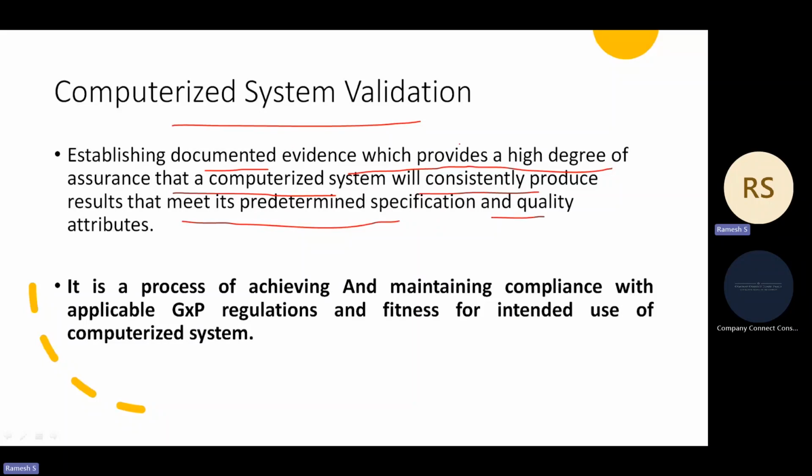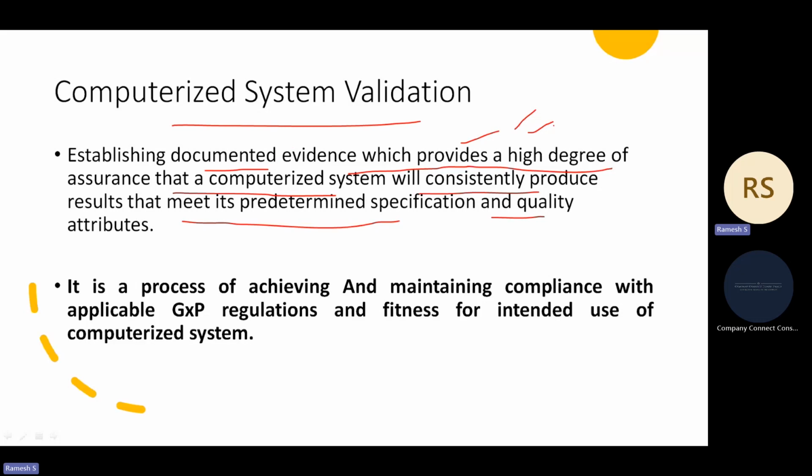So here we are saying my computerized system, application or software, will consistently produce results that meet its predetermined specification. These predetermined specifications are nothing but our expectations, what is required from that specific software, or my requirements, and my application should work as per these requirements or as per my expectation.